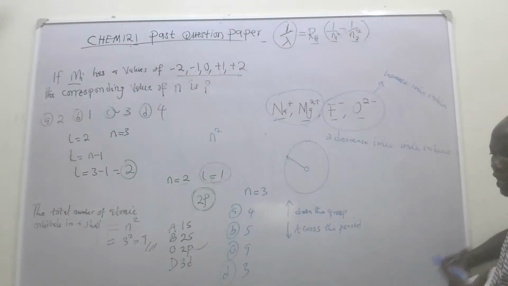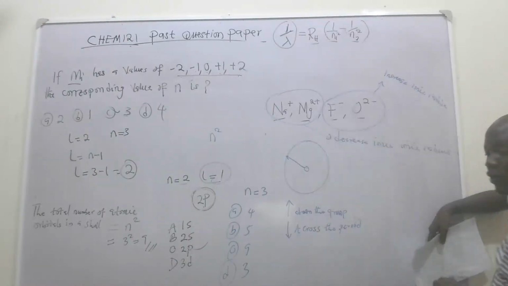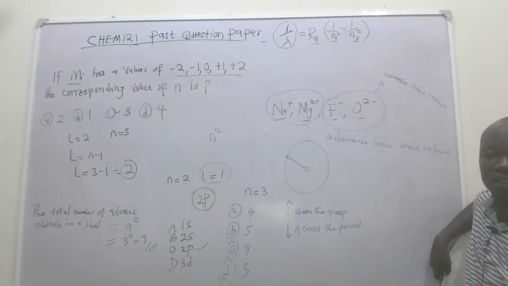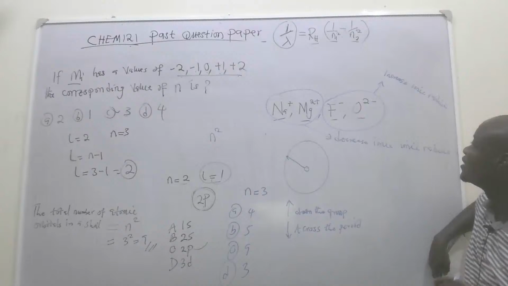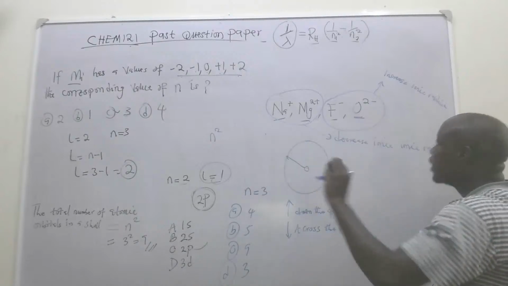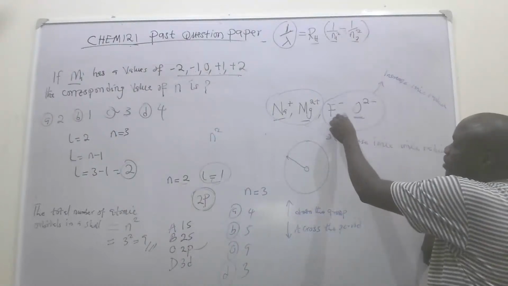So it means from here, the more the element gains an electron, the higher its ionic radius. That is why here, look at it, between oxygen and fluorine, which one gains more electrons? The answer is oxygen. Oxygen gained 2 electrons. Therefore the ionic radius of oxygen is higher than the ionic radius of fluorine.